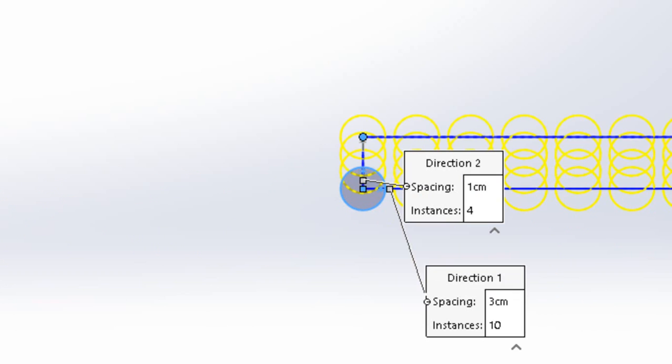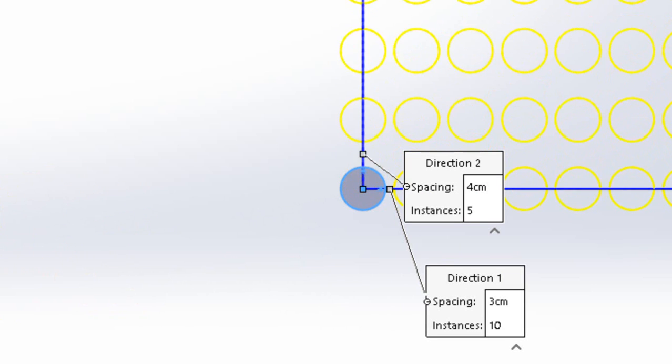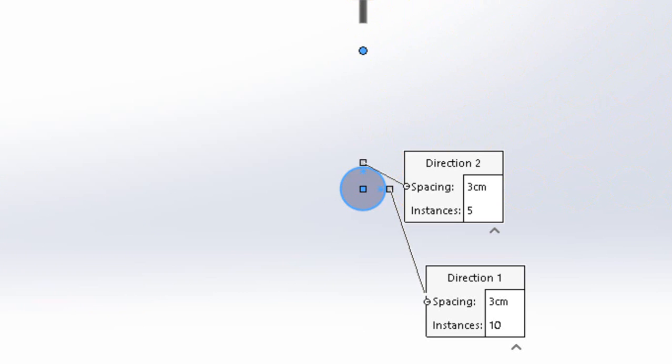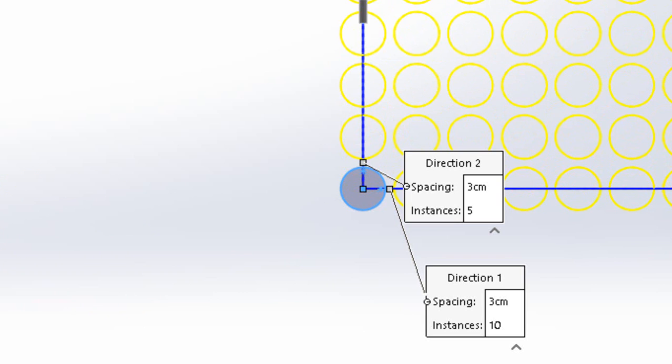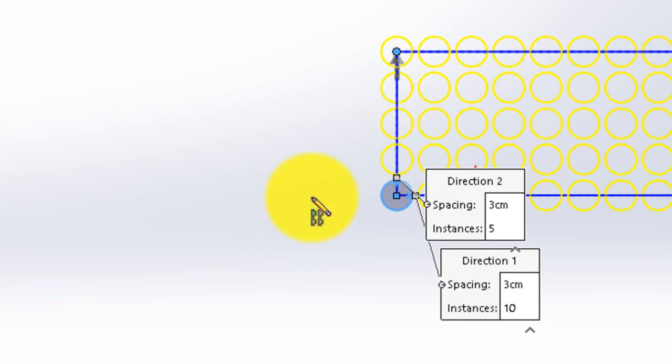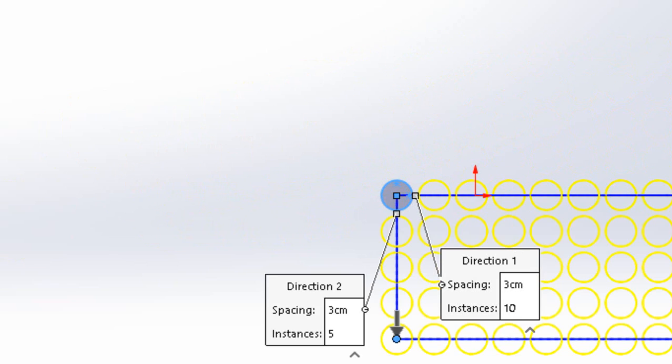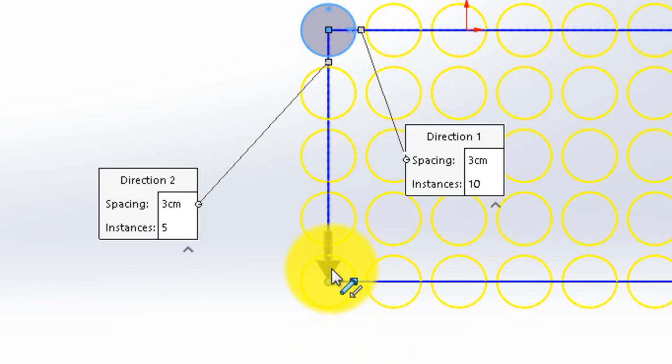Let's say I want a total number of 5 and a spacing of 3 cm, and I can flip the direction by clicking over here, or you can click on that arrow as well.